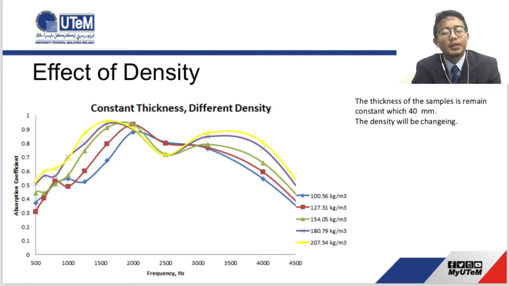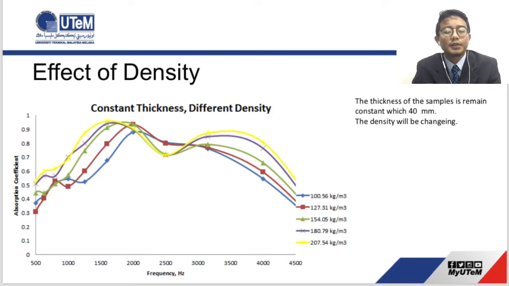Samples 5 and 6 achieve good sound absorption at lower frequency, with 0.5 absorption coefficient. Sample 5, with a density of 180.79 kg per meter cube, reaches the peak at a frequency of 1600 Hz with 0.9 absorption coefficient.